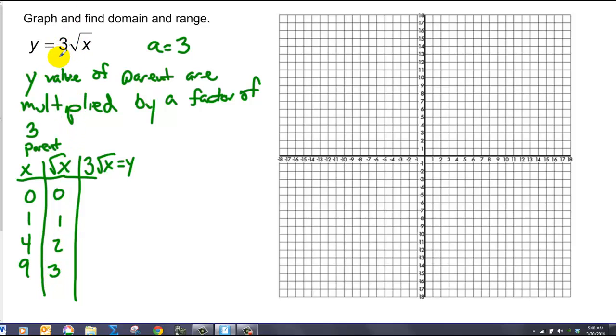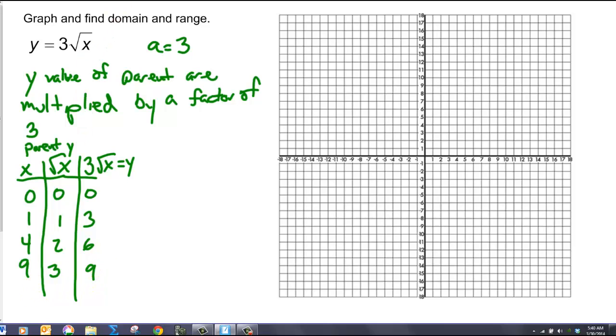But this problem states that I have a y multiplier of 3, so I'm going to multiply all these y values. Root x is just y, by a value of 3. So 0 times 3 is 0, 1 times 3 is 3, 2 times 3 is 6, 3 times 3 is 9.